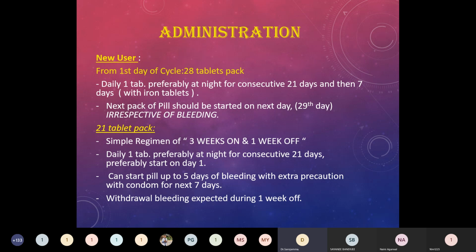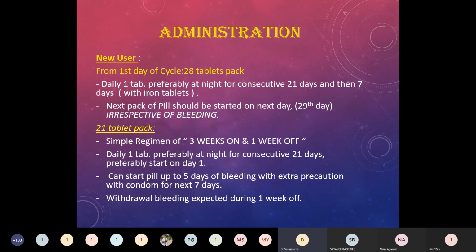user. And we have 2 types of packs available, the 21 tablet pack which is available commercially, and the 28 tablet pack available through Government of India, Mala D and Mala N. If she's taking the 28 tablet pack, it is actually 21 active pills and 7 inactive pills.